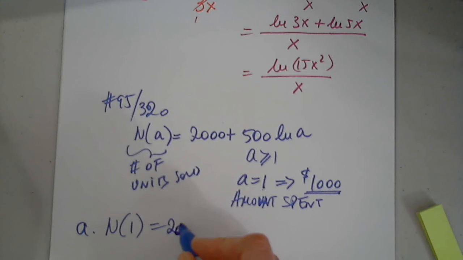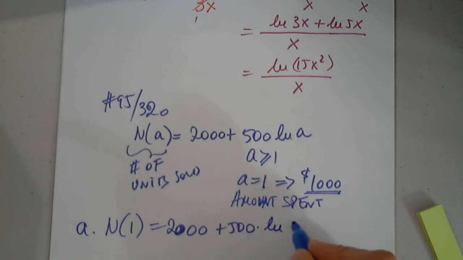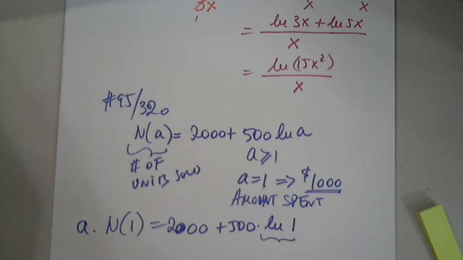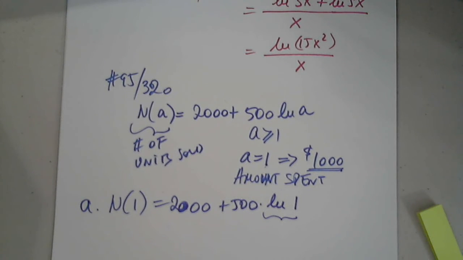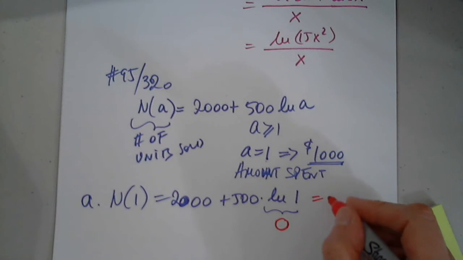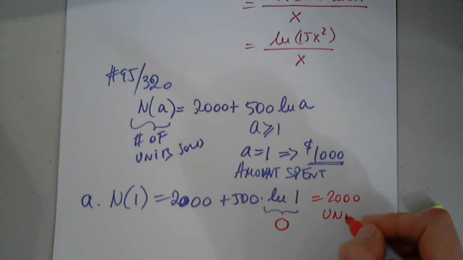So this is 2,000 plus 500 times natural log 1. Anyone remembers how much is natural log 1? Natural log 1 is 0, so the answer is 2,000 units.